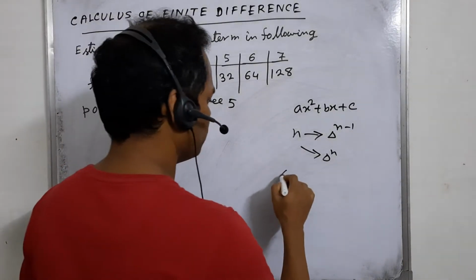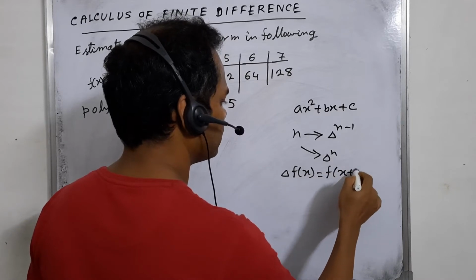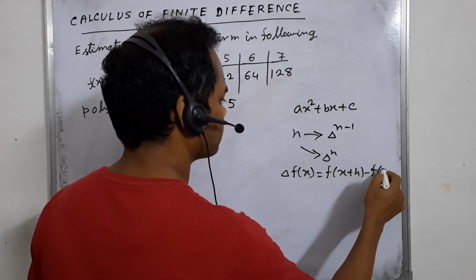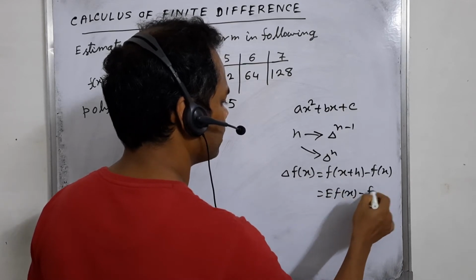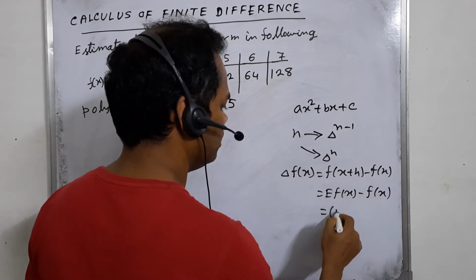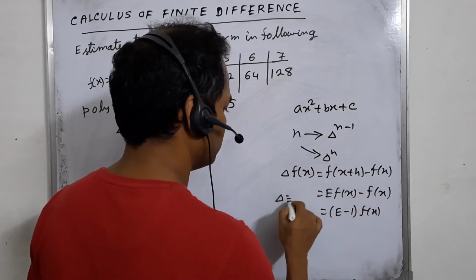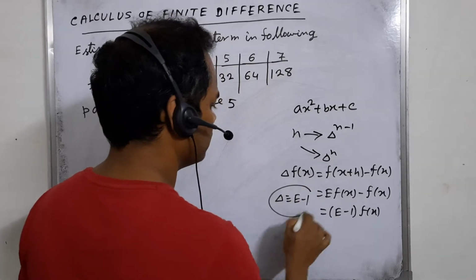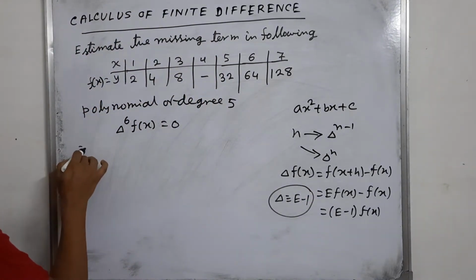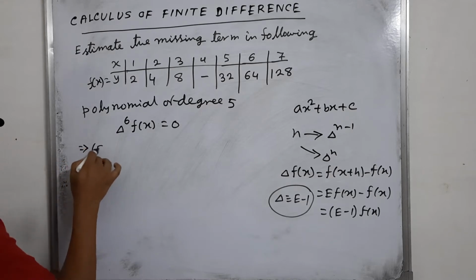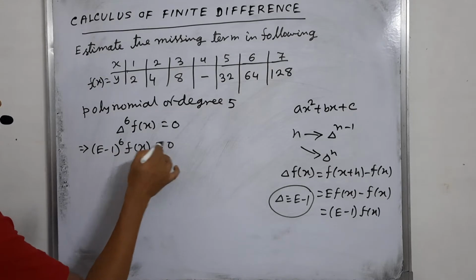And there is a formula del of f(x) equals f(x plus h) minus f(x), and that is E f(x) minus f(x), and that is (E minus 1) f(x). So del is equivalent to E minus 1. This is the shifting operator. So similarly, del 6 f(x) is equal to (E minus 1) to the power 6 f(x), which equals 0.